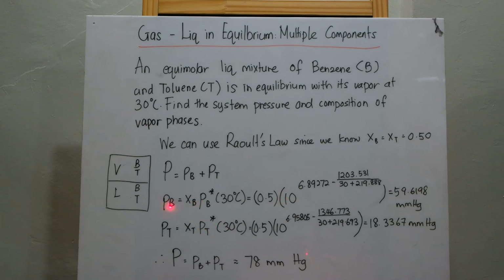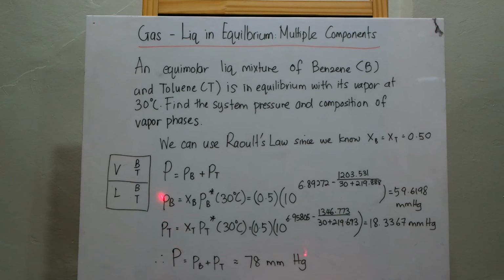So you go to your textbook, you know this value, and then you find this value in your textbook, so you obtain the partial pressure of benzene. The partial pressure of benzene here is 59.6198 millimeters of mercury. That is for benzene.